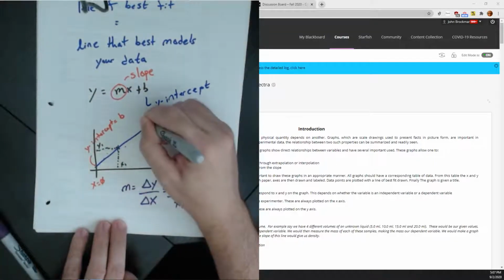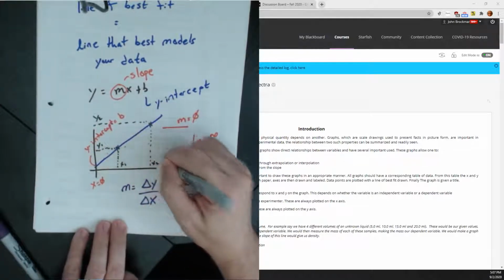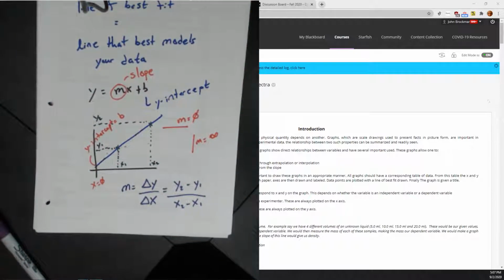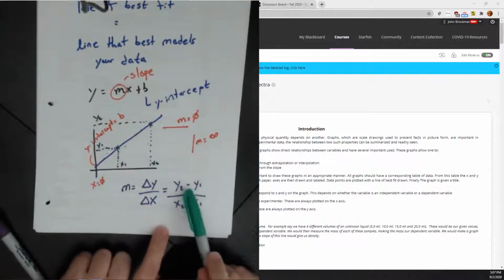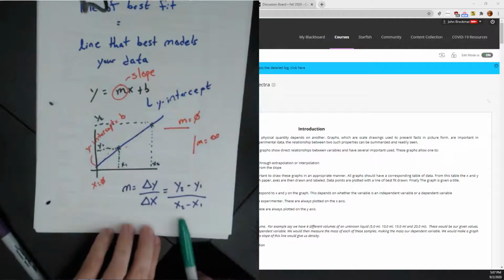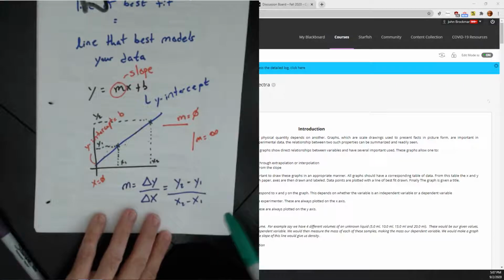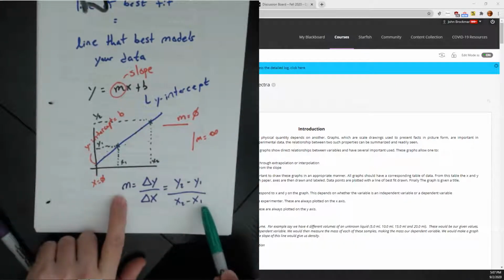And then you do the same thing for the second point, y2 and x2. Okay. When you do that, you find the difference between y2 and y1, how much y changes, and the difference between x2 and x1. That will give you how much x changes. And then the change in y divided by the change in x will give you the slope.